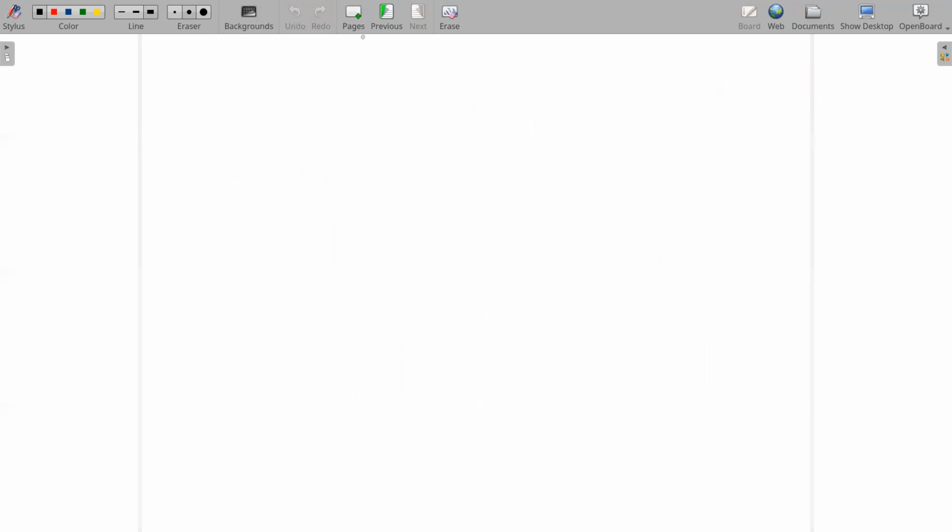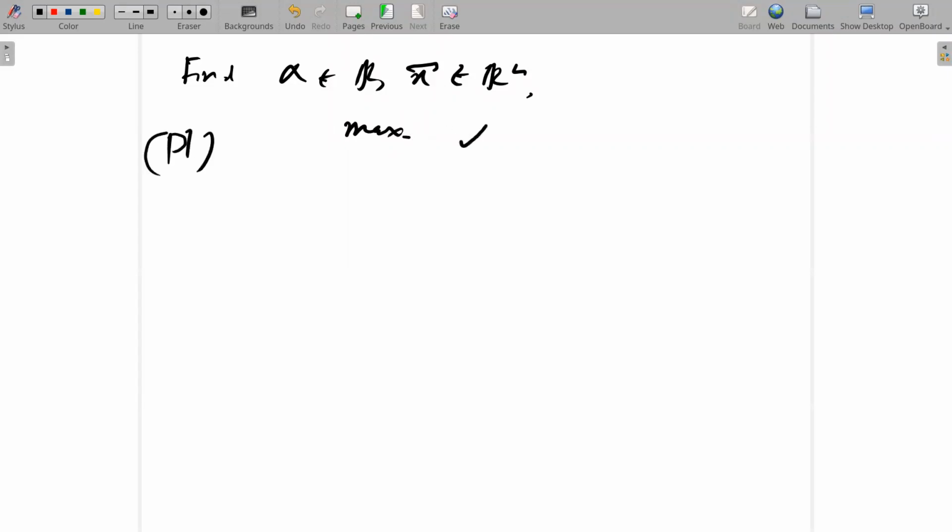So let's formulate the problem. This is what we want to solve: find alpha in R and X in Rn such that you have this linear program 1, which is maximizing alpha subject to Ax, where X is the vector of probabilities, being bigger than or equal to alpha times E. This vector is just ones.